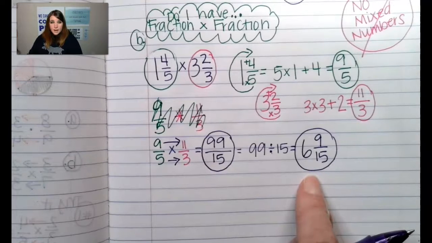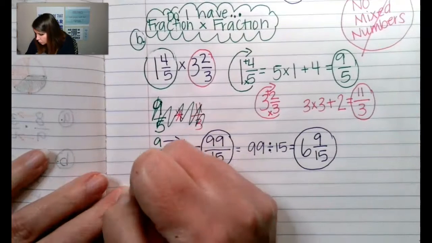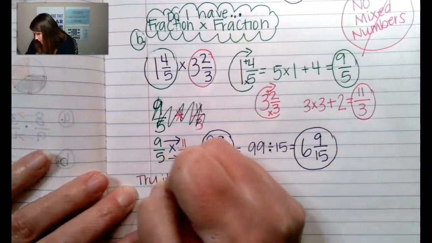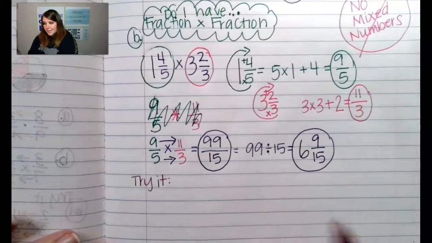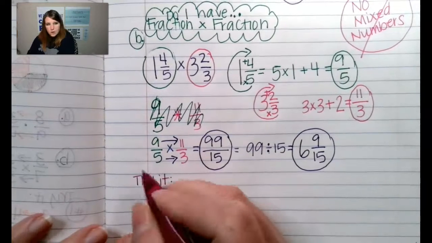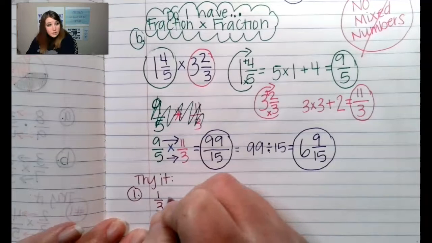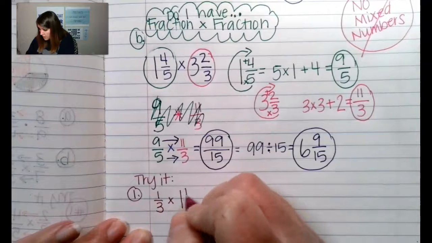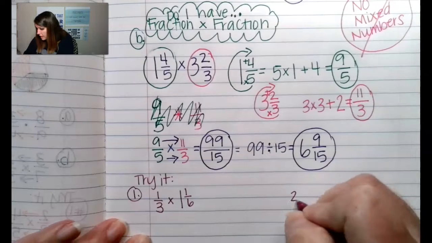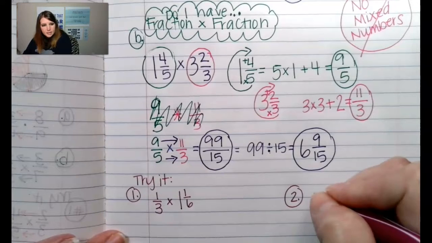All right, now I'm going to give you a try it. Are you ready? 2 try-its for you. Okay, try it number 1. So let's go ahead and do our try-its down here. Try it number 1 says 1/3 times 1 1/6, and then try it number 2 that you are going to do.